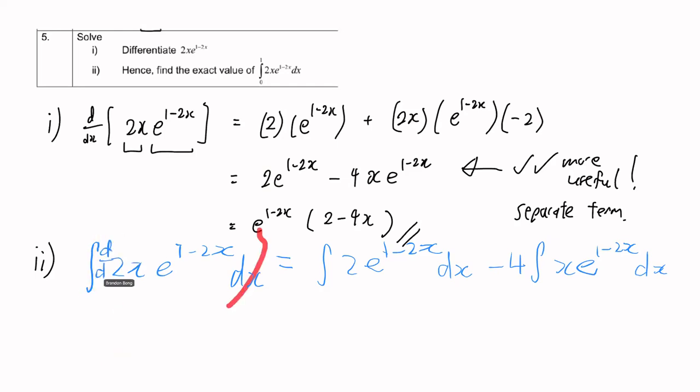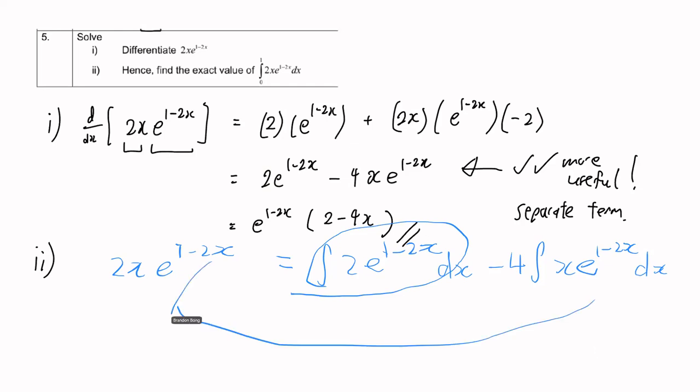Cancel, then they can cancel away, dx with dx. Oh, okay, so I just left it like this. Good. Make this one the subject. So move this here. Okay. Wait, let me see first.